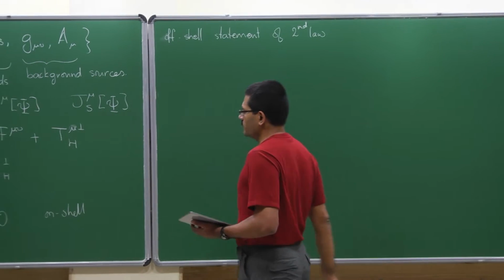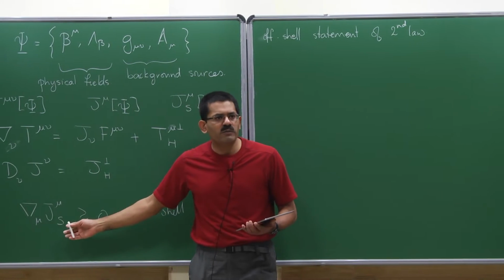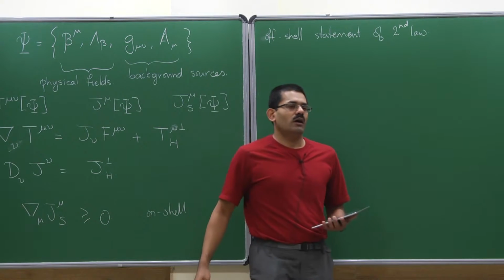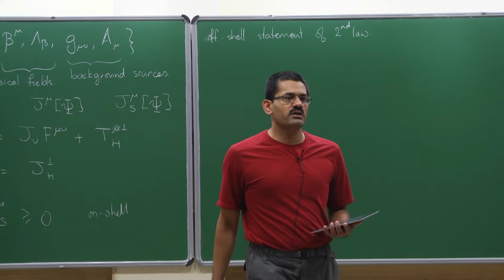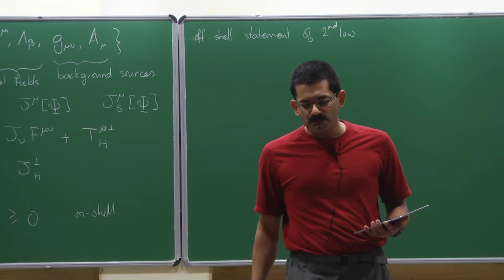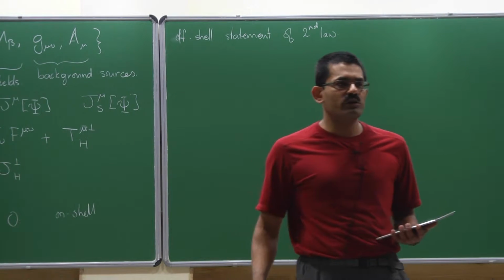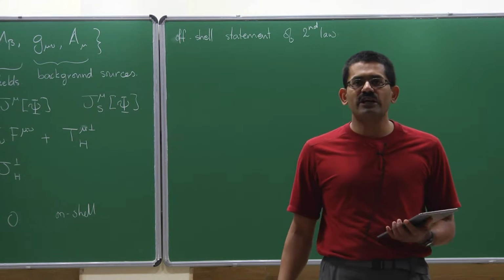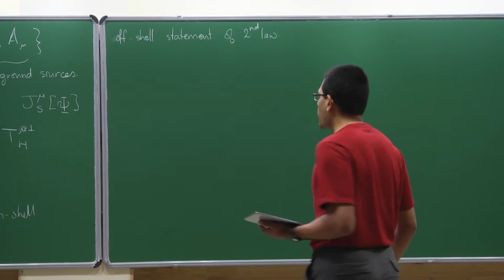So let me do the following. I have some constraint. I can always add to any constraint the equations of motion with some Lagrange multipliers. Okay.